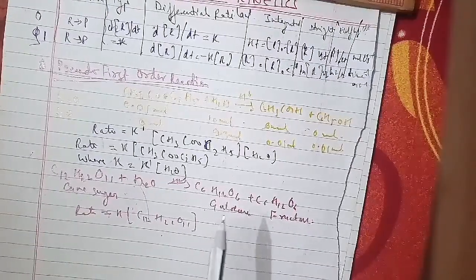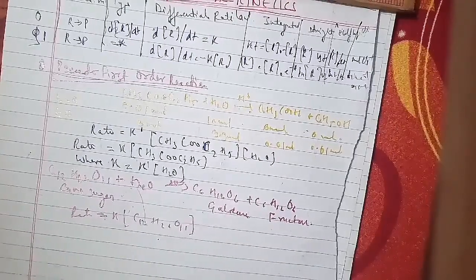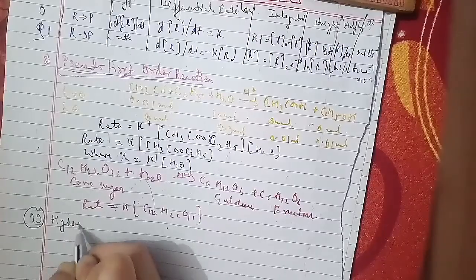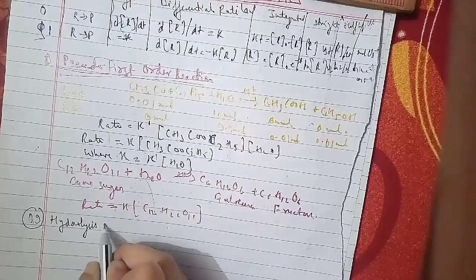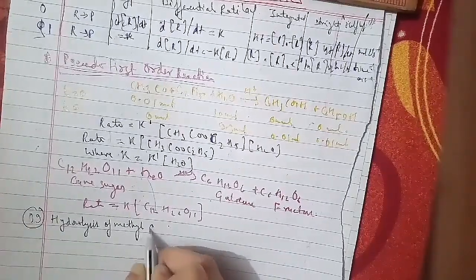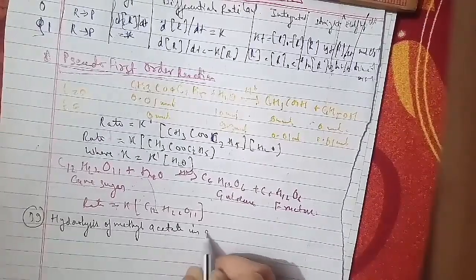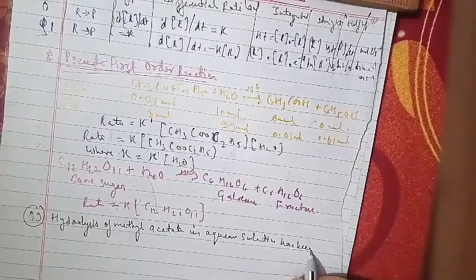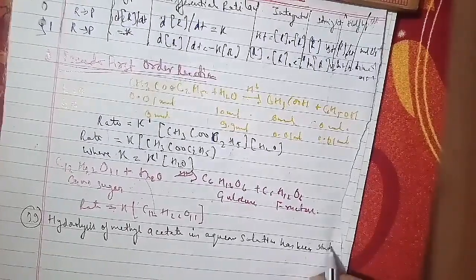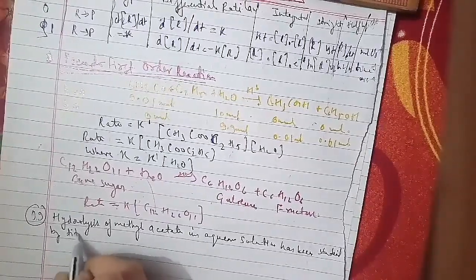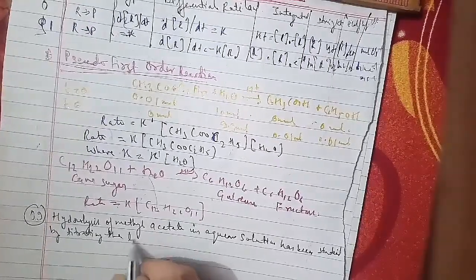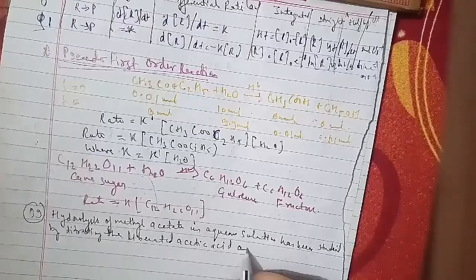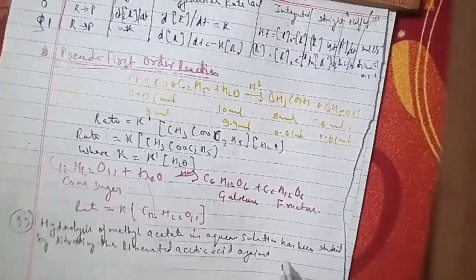So first I will write down the question, then we'll go ahead for the solution. Question 9 of the session: Hydrolysis of methyl acetate in aqueous solution has been studied by titrating the liberated acetic acid against sodium hydroxide.